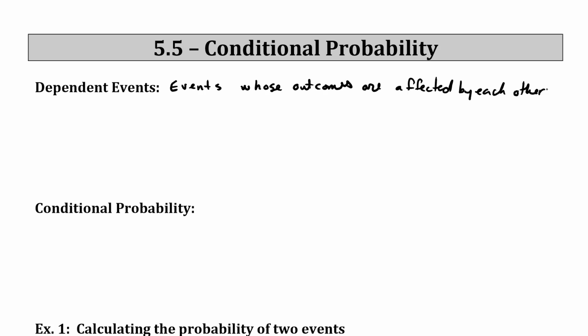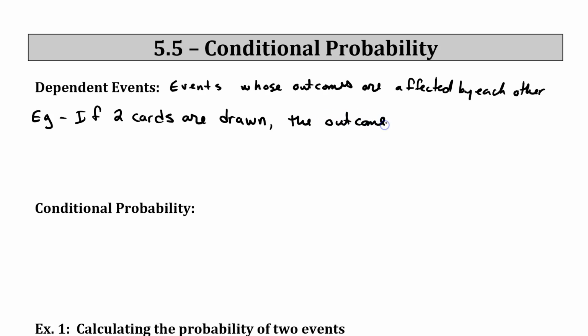So here's what I mean. For example, if two cards are drawn, and let's just be a little bit clear, if two cards are drawn and not replaced, the first one's not replaced, the outcome of the second card depends on the first.